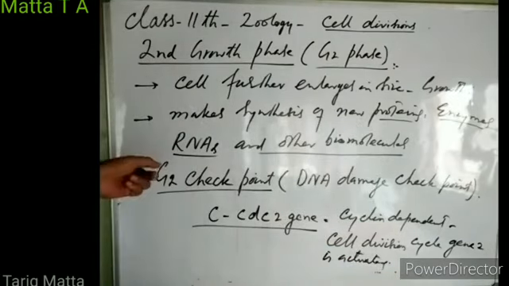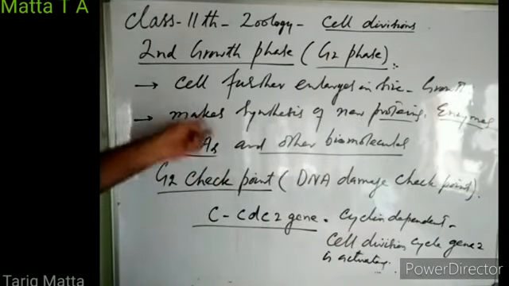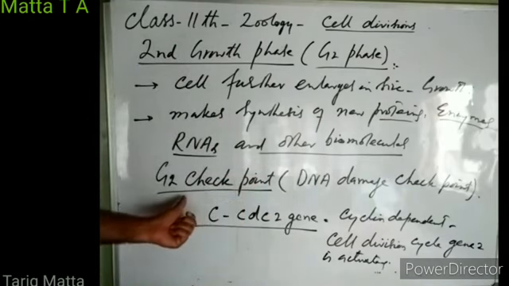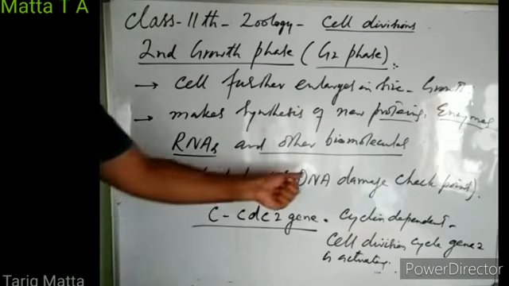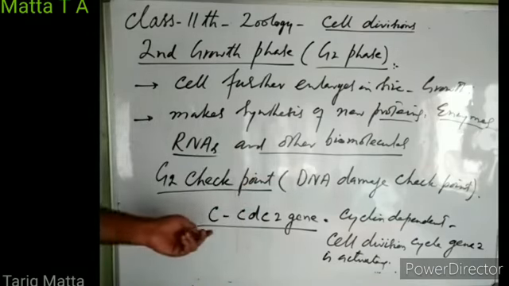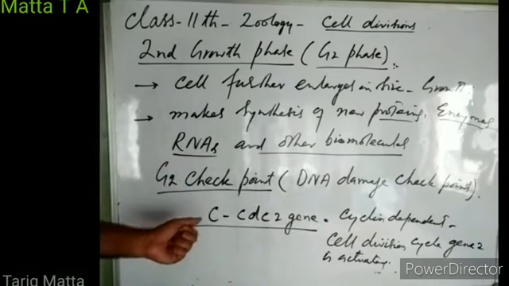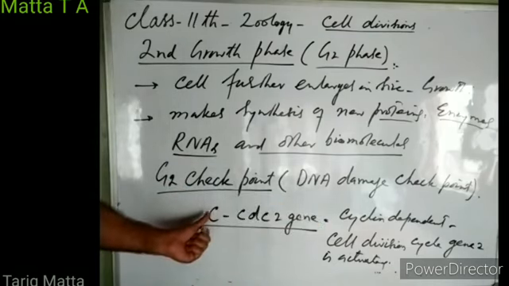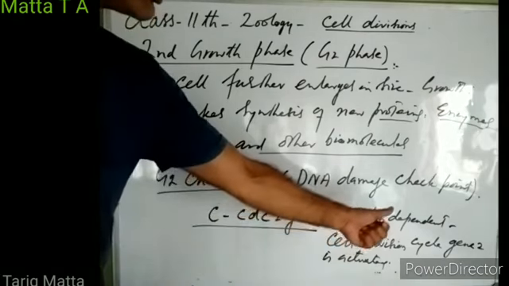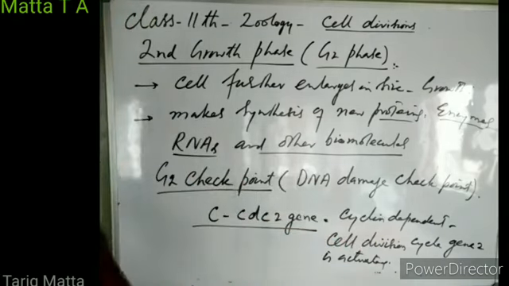So before the cell goes from G2 phase into M phase, it has to pass through this G2 checkpoint or DNA damage checkpoint. At this checkpoint, another series of enzymes is activated. Cyclin dependent cell division cycle gene 2 is activated.